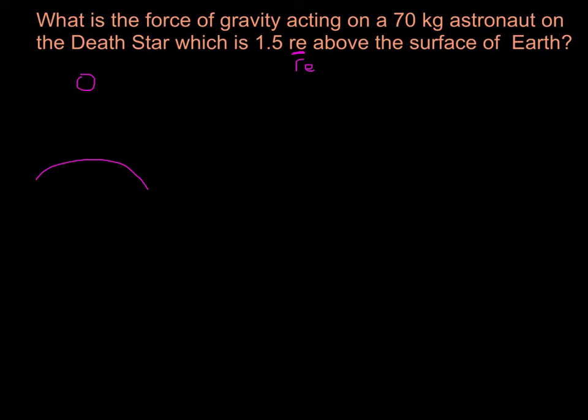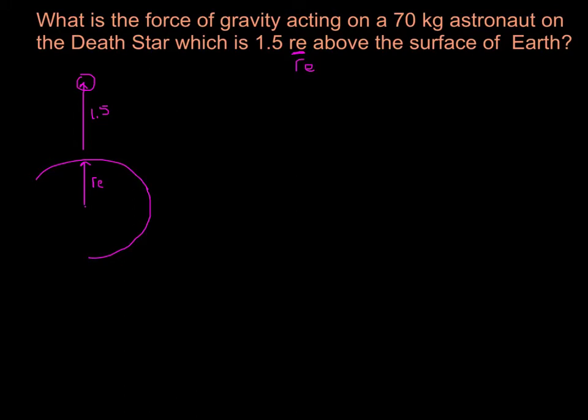Anyways, if this is the Earth, and you can picture the Earth kind of coming around like this, here is the radius of the Earth. That is RE. We're told that we're 1.5 RE above the surface of the Earth.